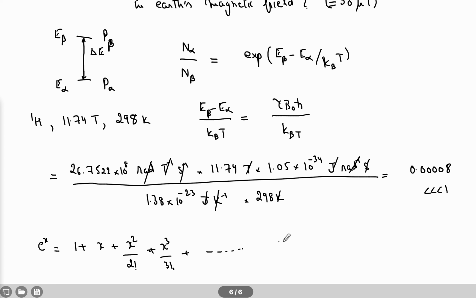So that means you can approximately say that e power x is equal to 1 plus x for values of x which are very small, smaller than 1. So for this case 0.00008, this holds, and you can call this 1 plus x. So that means now we can, so let me go to the next page.